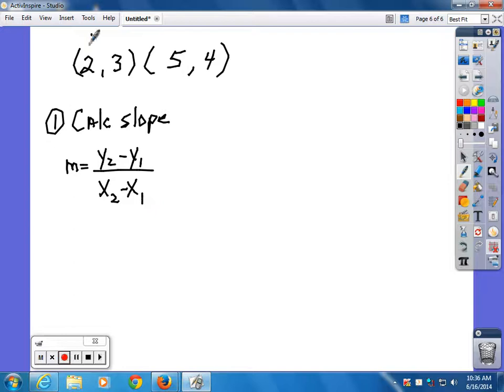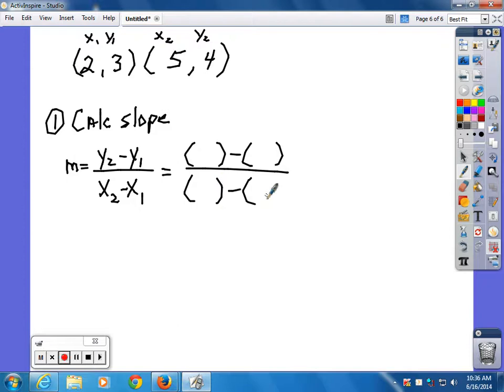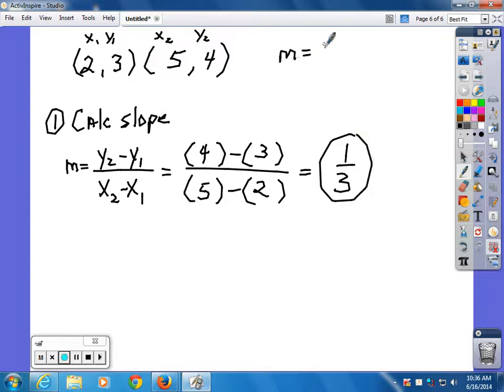This is x sub 1, this is y sub 1, this is x sub 2, this is y sub 2. Parentheses minus parentheses over parentheses minus parentheses. 4 minus 3 over 5 minus what? 2. And that'll give us 1 what? 1/3. So our slope is equal to 1/3.